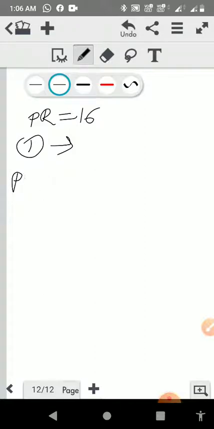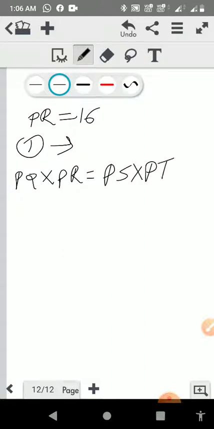PQ into PR equal to PS into PT. Therefore PQ is 6, PR I have calculated as 16, equal to PS, which is given in the question, that is 8, and PT which I have to find out.